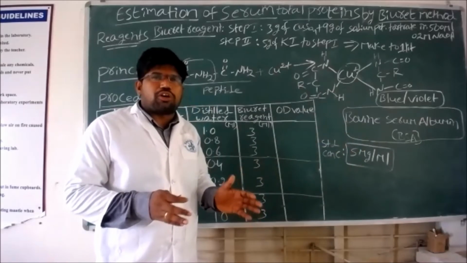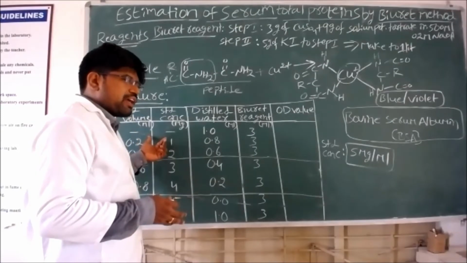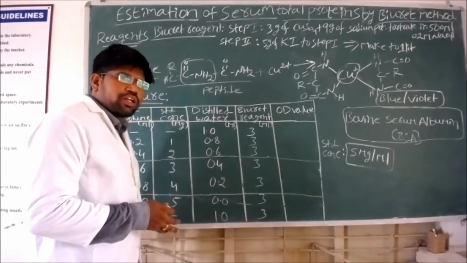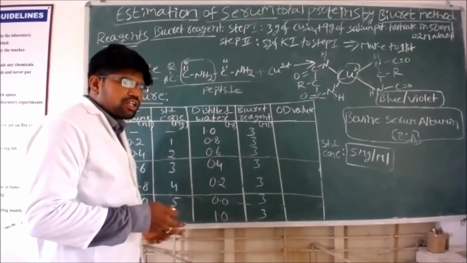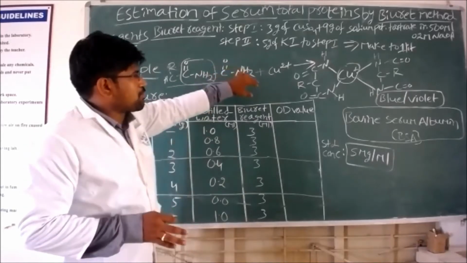The intensity of the blue or violet complex is compared, in the presence of a blank, with the standard and test at 540 nanometers, and we quantify the amount of protein present in the test sample or serum. That is the principle involved in the estimation of serum total proteins by the Biuret method.